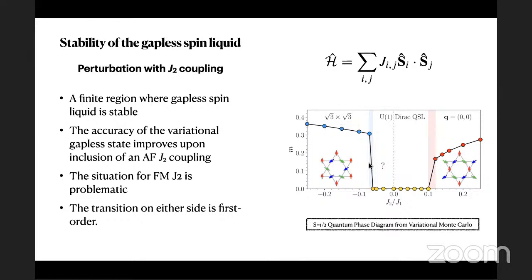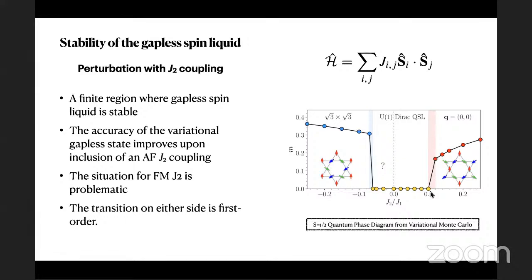There were a few questions which had not been answered so far. One was, what is the nature of the phase transition? Is it first order or second order? There were some insights from field theory, but not much from microscopic numerics. This is one of the questions that we addressed in this work. The second was the estimation of the phase boundaries, where they precisely lie, which was not in good agreement, with varying estimates ranging from a few percent to a few tens of percent of J1.